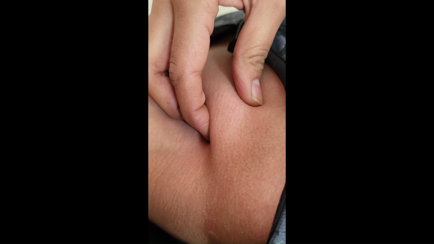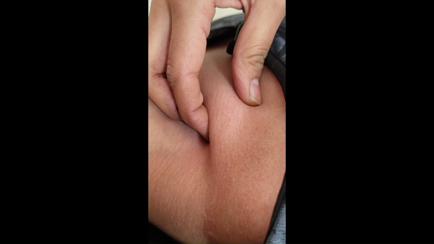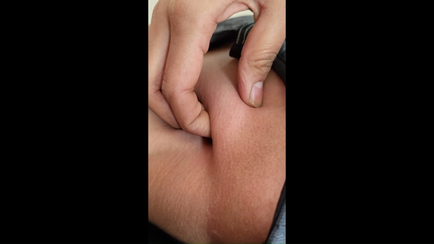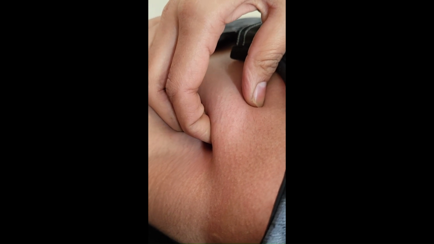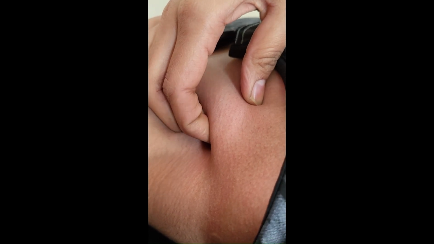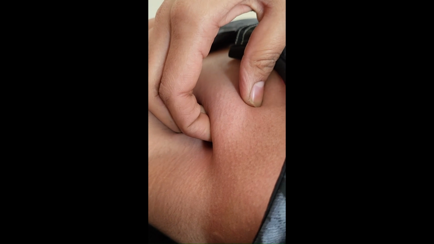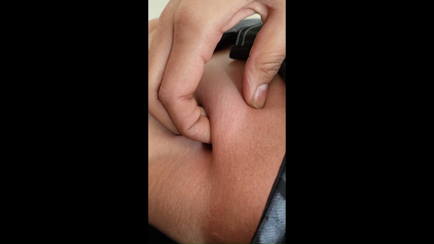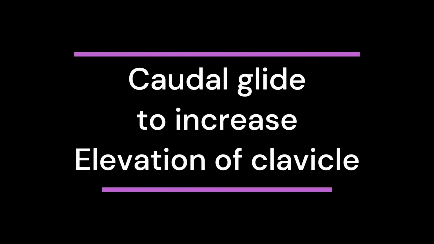Lift the clavicle anteriorly with your fingers and thumb and apply the glide. For caudal glide, press the clavicle inferiorly with your fingers and apply the glide.